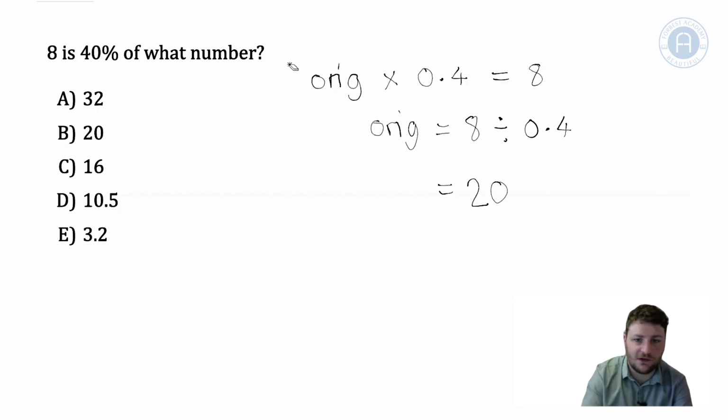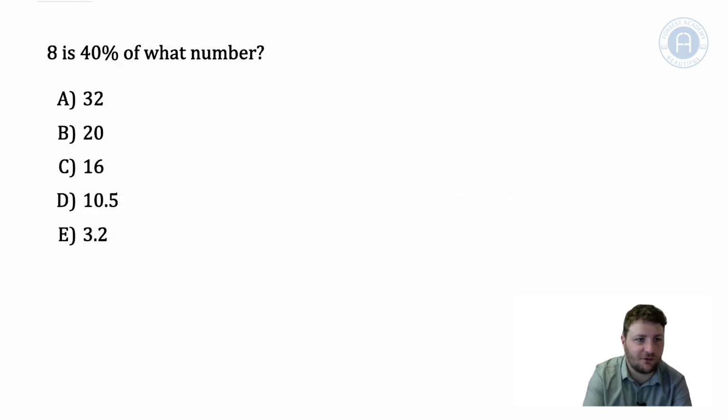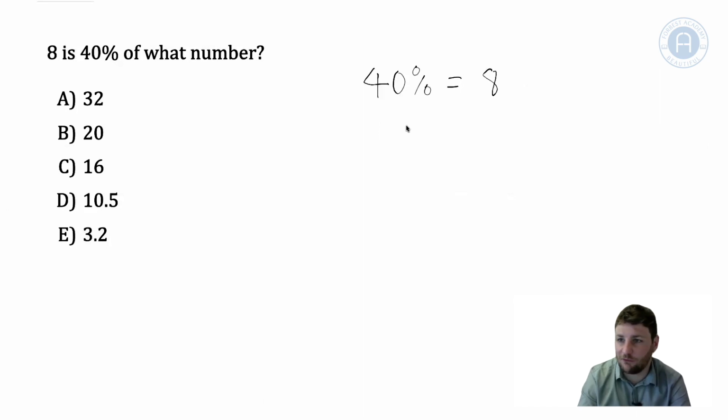So that's one method of doing it, using our decimal multiplier method. We're also going to have a look at our breaking down method here, which I think is going to be a very useful method for this one. So we're told that 8 is 40%, so we're starting off at 40% is equal to 8. And remember, if we're trying to find our original amount, we're trying to get to 100%.